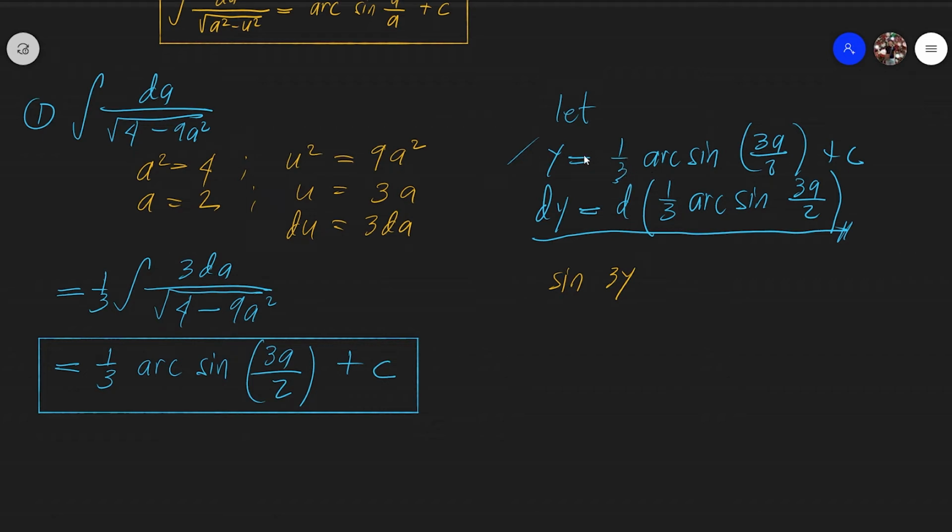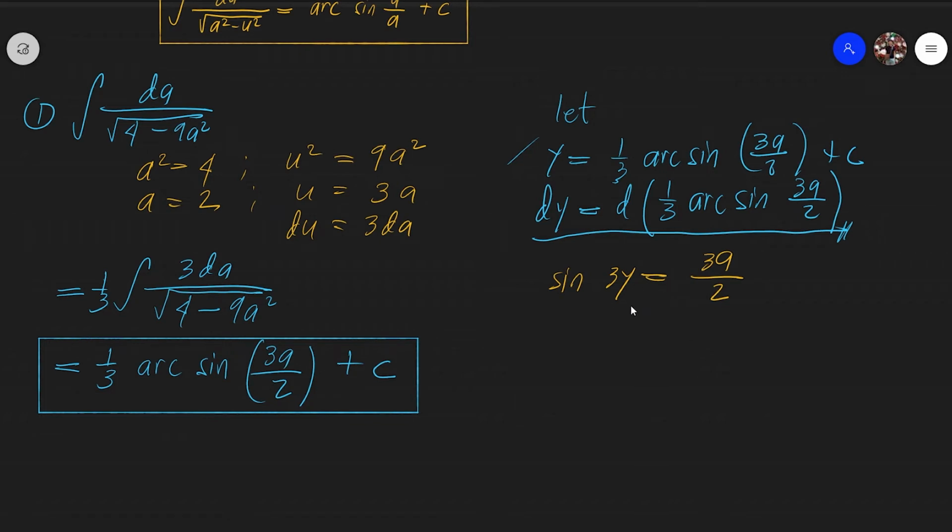If you multiply both sides of the equation by 3, you will have 3y equal to arcsine 3a over 2. The arcsine you can put on the left side: sine 3y is equal to 3a over 2. So this is now your working equation.